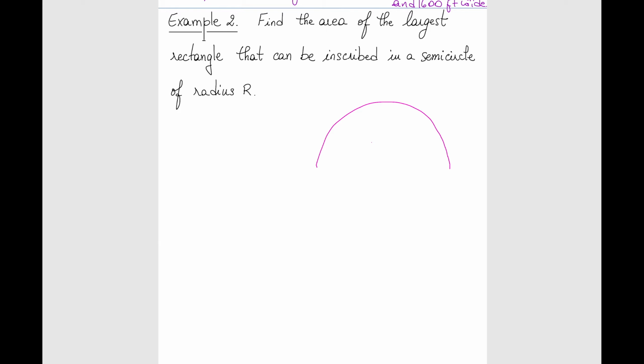The question is, they want to inscribe here a rectangle, right? And the question is, what's the largest rectangular form that we can inscribe inside that circle? Okay. Well, for simplicity, I want to assume that the circle is an upper half circle first, and centered at the origin of the Cartesian coordinate system.